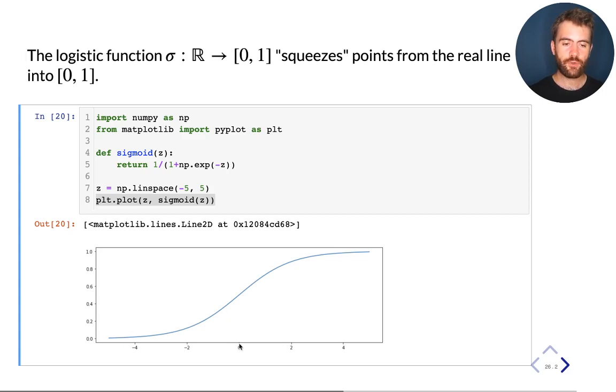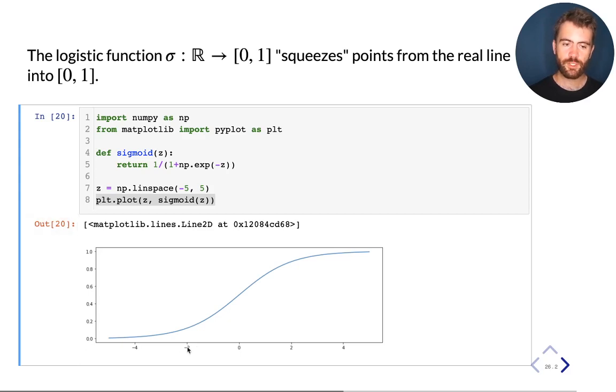And you can see here that when the input to the sigmoid function is 0, it outputs 0.5, and then as the input increases, the value of the sigmoid increases and asymptotically approaches 1 as the input z goes to infinity, and conversely it approaches 0 as z goes to -infinity.